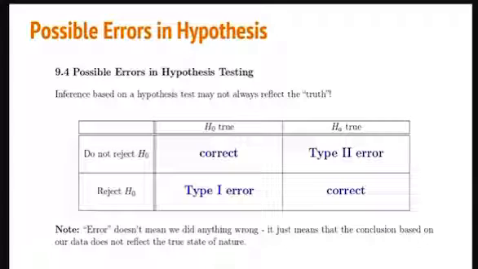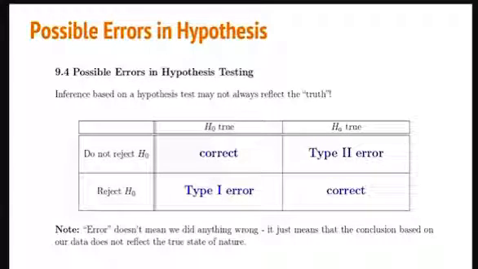Now, type 2 error, on the other hand, is when the null hypothesis is false and it is not rejected. It's like you are accepting the null hypothesis that is false. We commit this kind of error every day in research, the same way they commit error in the court of law.